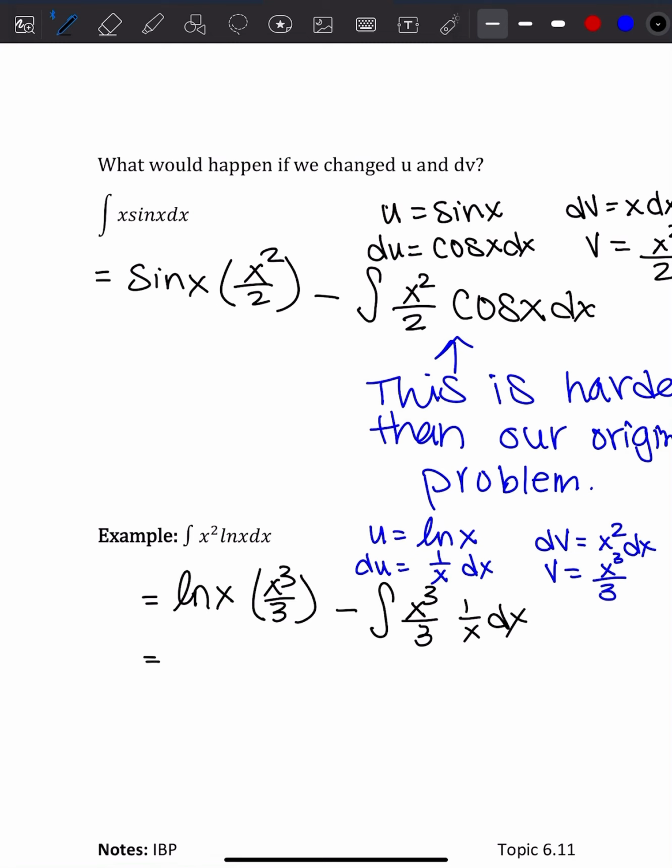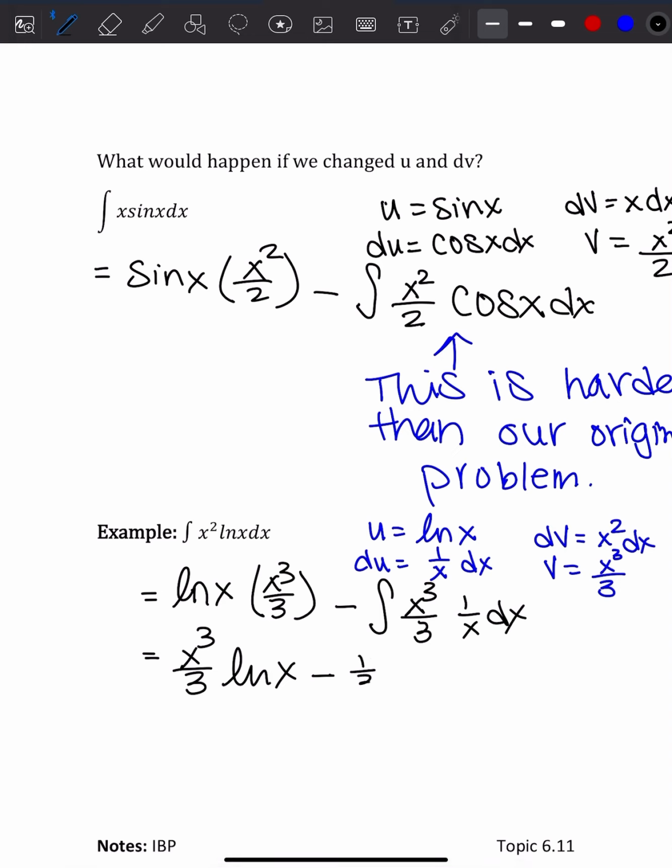So we have x cubed over 3 times the natural log of x minus, I'm going to factor out the 1/3, move it out front to make it easier on our integration. And then I'm going to multiply these two fractions together. So we get x cubed over x dx. In doing that, x cubed over x can be simplified to x squared.